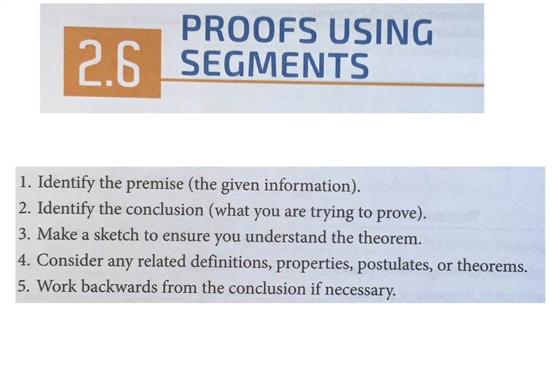Just like any proof, you have to identify the premise or the given information. So with any proof, you need to start out by saying, what do they tell me? With algebraic proofs, they basically just give you a function, whatever it was, and you were to solve for it. But with segment proofs, sometimes they'll give you a picture. And so you can use anything that they've given you in the picture as long as it's identified, meaning you can't assume something.